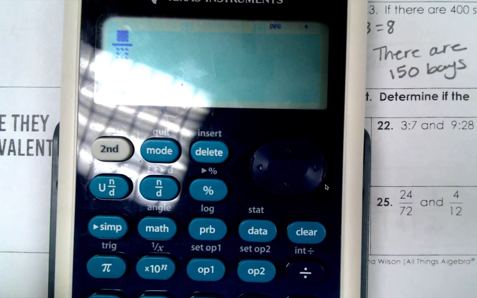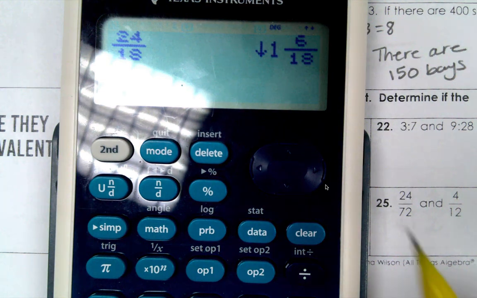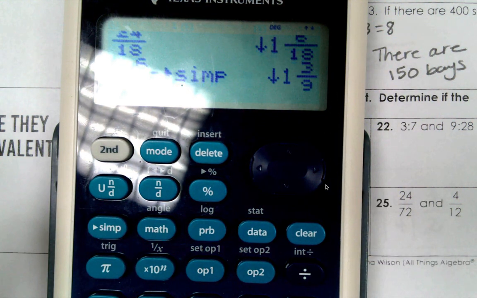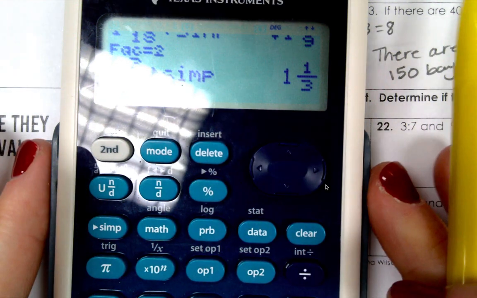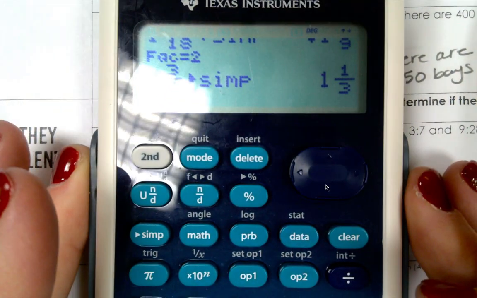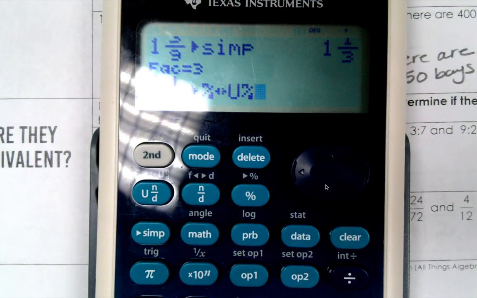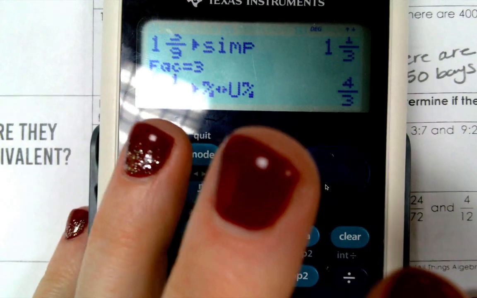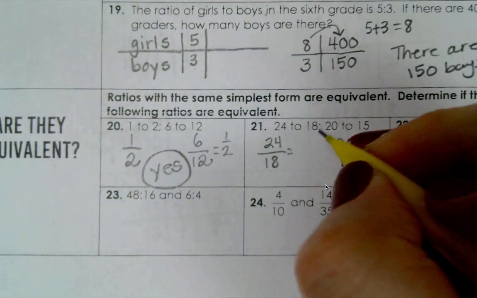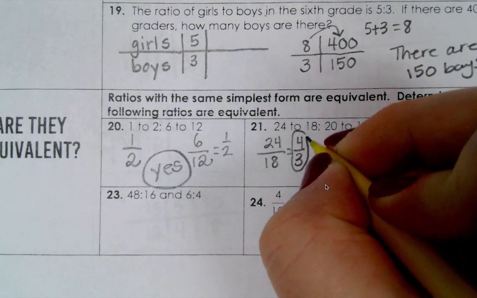Put your fraction, 24 over 18, and we're just going to keep simplifying. But now you are going to hit your second mixed number button. So it will give you the ratio you want to see, 4 to 3. So this gives me 4 to 3. I'm just going to circle that.